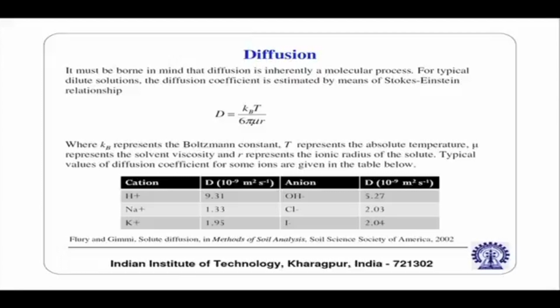If you look into the table, you will find that the diffusion coefficients, no matter what ion or ionic species, are typically very small, mostly of the order of 10^-9 m²/s. So 10^-9 m²/s is a reasonably low value of the diffusion coefficient, but this reasonably low value is what is commonly encountered in practical scenarios.